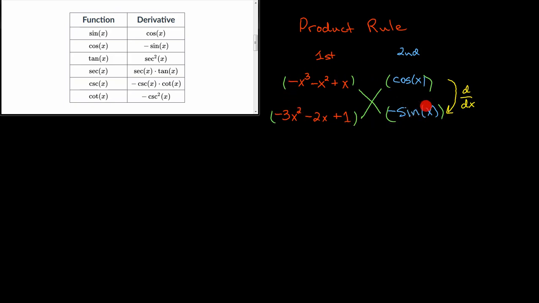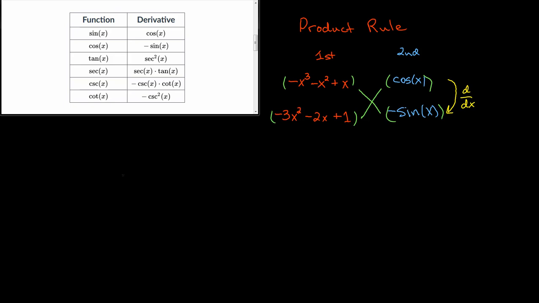Those are the 4 ingredients for the product rule. And then the product rule is the recipe that tells me how to combine the ingredients. It says you multiply the first function and the derivative of the second, and then you add the second function times the derivative of the first function.